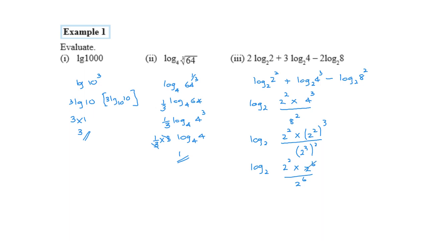Then you can cancel this 2 to the power 6. Next you have log base 2 of 2 squared. What you have to do now is take the 2 to the front: 2 log base 2 of 2, which is equal to 2 into 1. You know log base 2 of 2 is 1. That is, 2 is our answer.